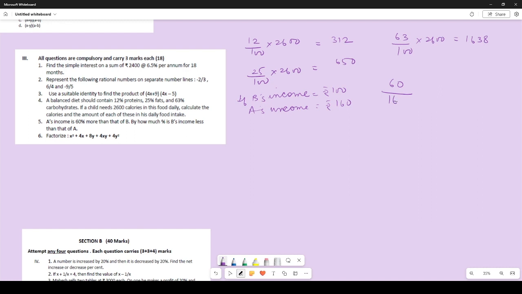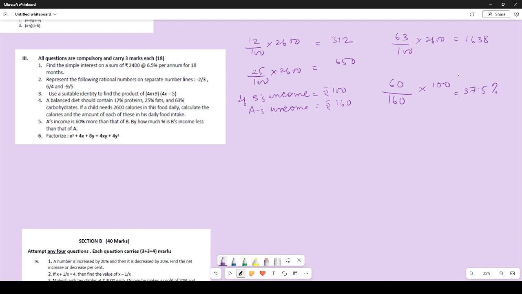And when you are calculating how much less B's income is as compared to A, you have to take A's income as the base, and then you put it up as 60 by 160 into 100, and then when you solve it, you get the answer as 37.5%.